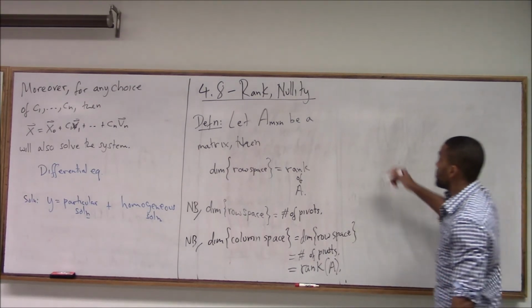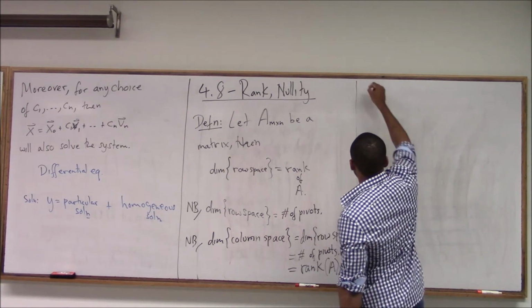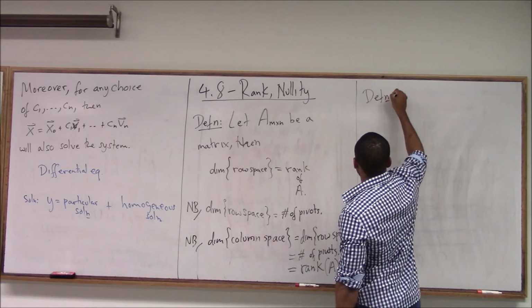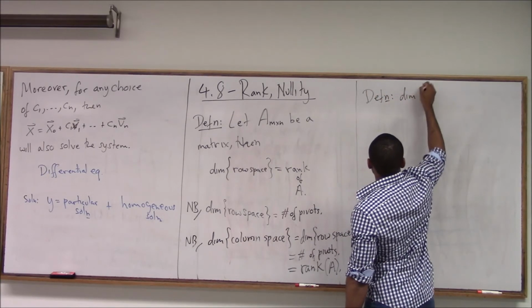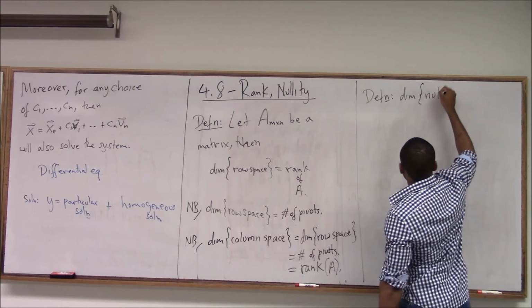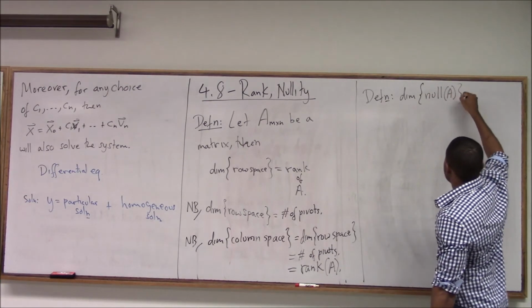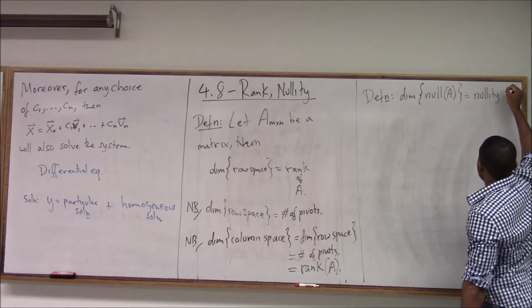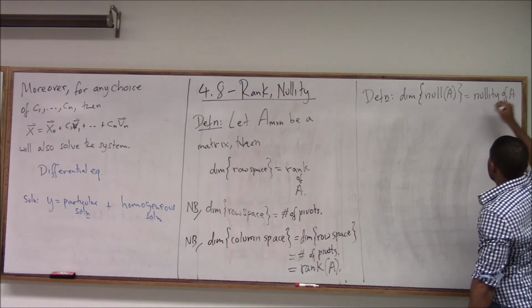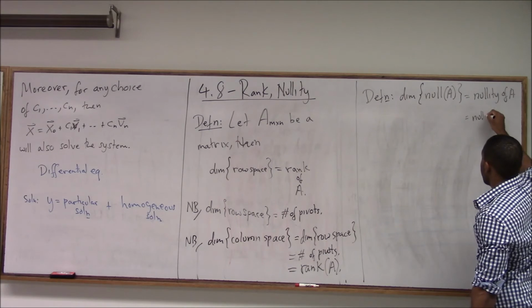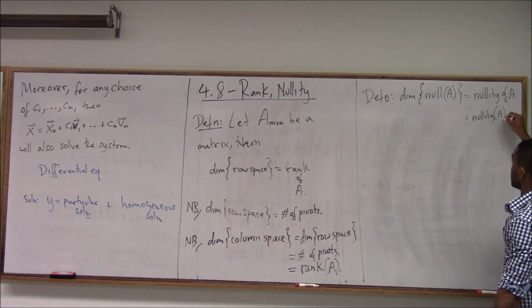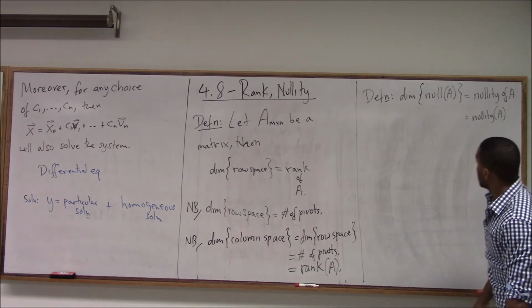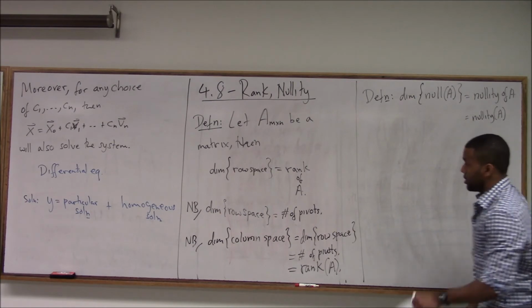The dimensions of the null space is called the nullity. So that's the next definition. The dimensions of the null space of A equals the nullity of A. And it's denoted, you write out the word nullity and you put A in parentheses. So that's the notation.